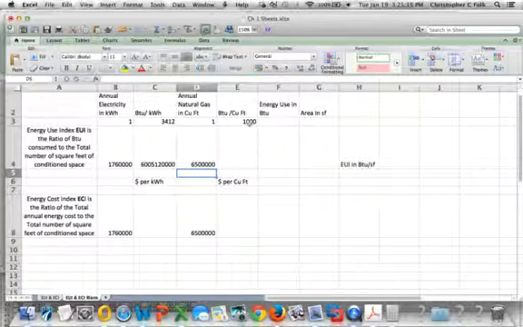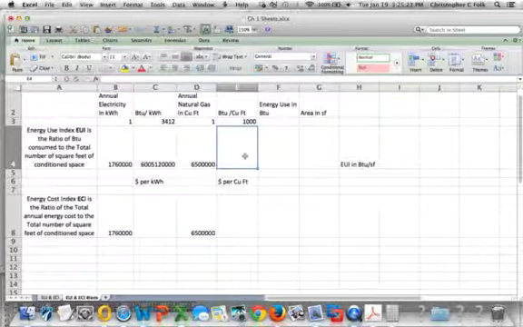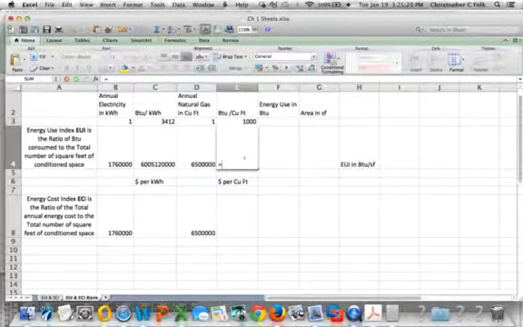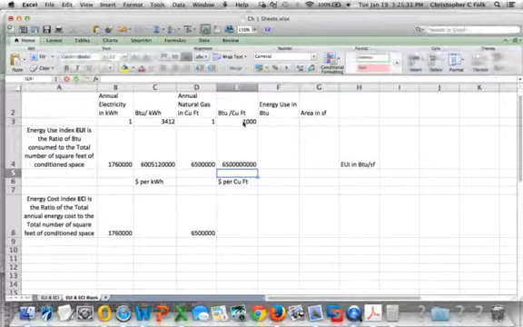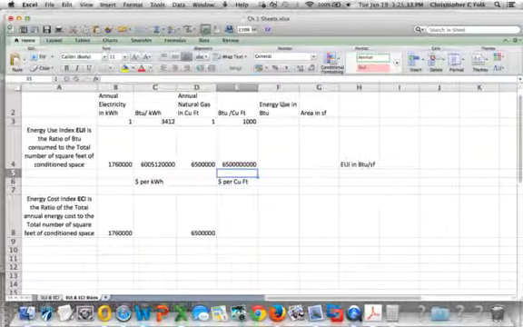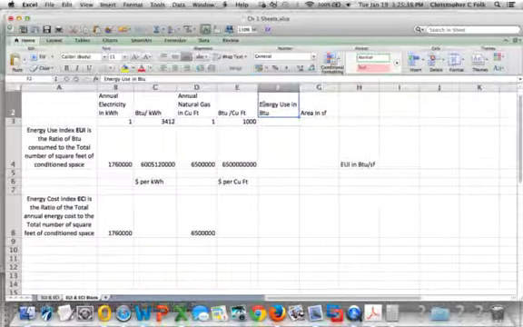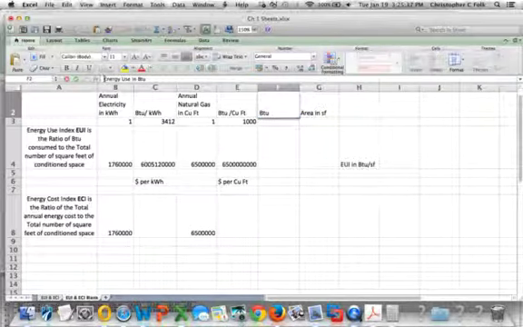And when we multiply that times the 1,000 BTU that are in every cubic foot of gas, it will come up with 6.5 billion. So again, we'll come to the cell where we want to put that product, equals D4 times E3. And there we go.